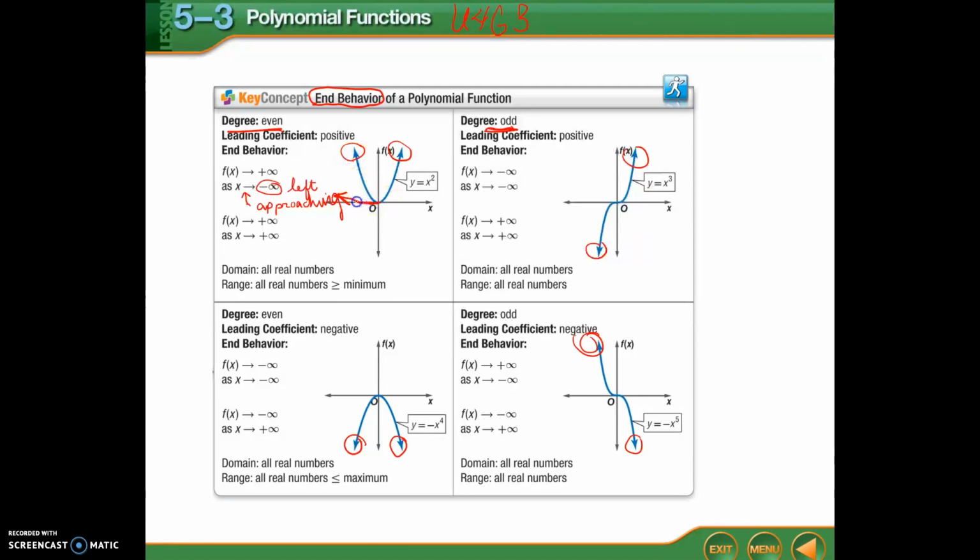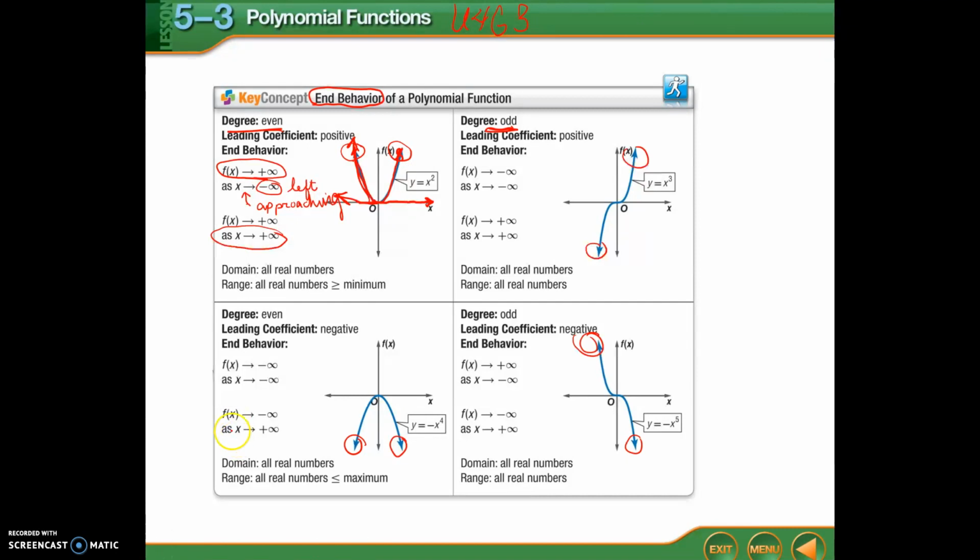As I'm going this direction, this graph is going up. So the function is going to positive infinity. It's going to the positive numbers, and it's just going to keep growing. As I am going on the right side to positive infinity, heading towards those big positive numbers, what's going on to the graph? It's also going up.